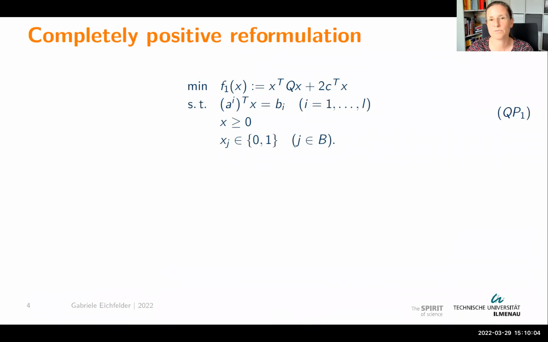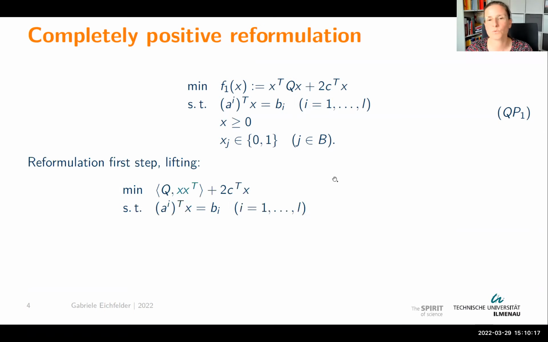And now we come to the reformulation, and I will show you a few of the steps in between how we come to this relaxation, but first it will just be a reformulation. What you have to do is, so this is your original problem, you just rewrite for a start the objective function.